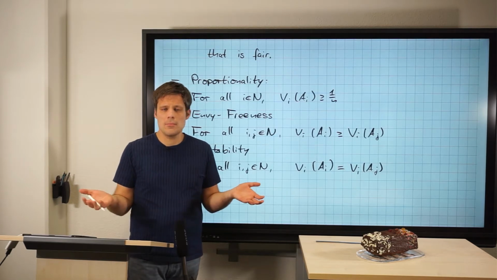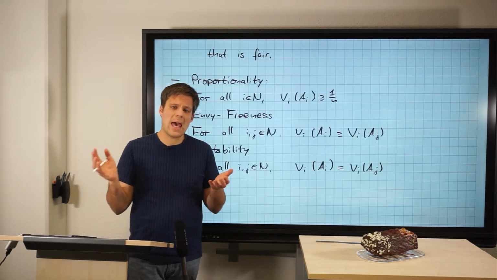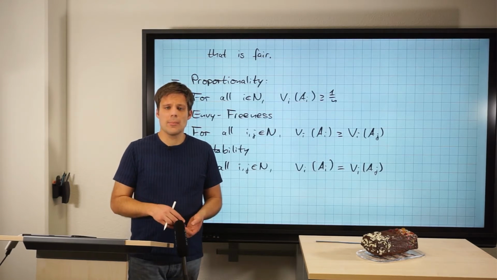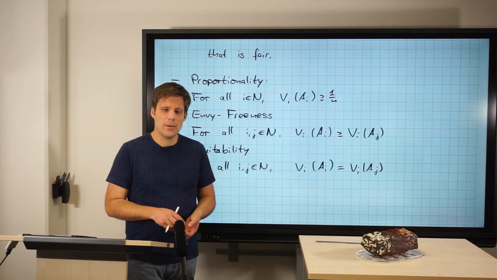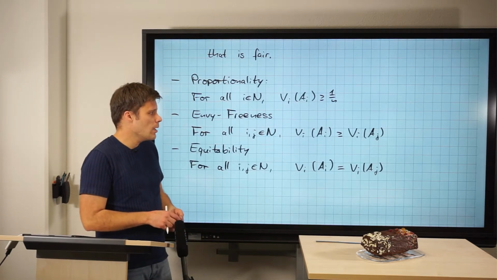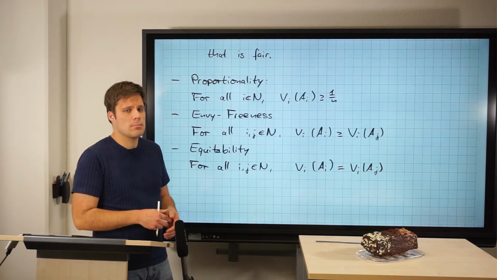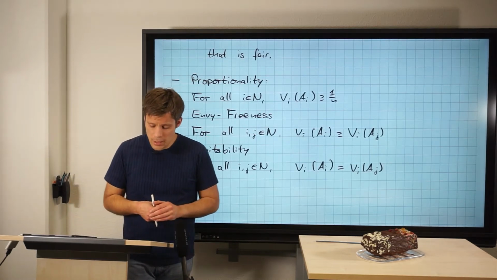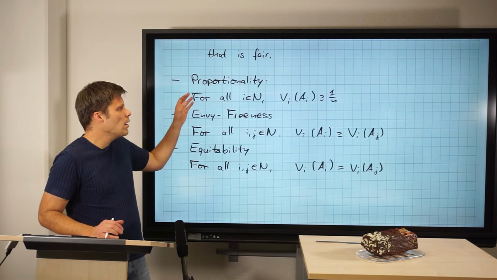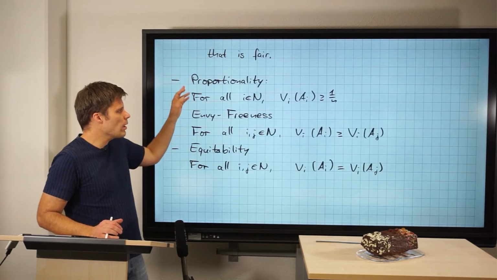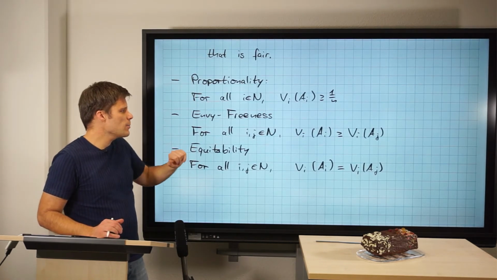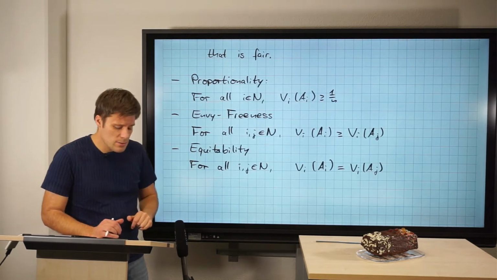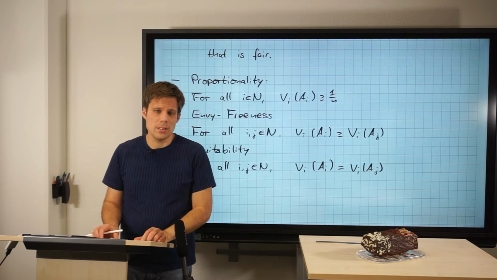There are n agents in total, so n minus 1 other agents, and if any of them got more than what you think is a 1 over n fraction, and you got less, then this would also give you envy. So as you see, proportionality is the weakest of all, envy freeness is a little stronger, and the strongest of these is equitability.